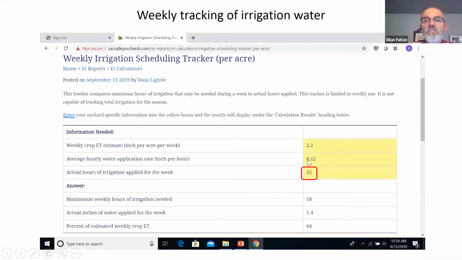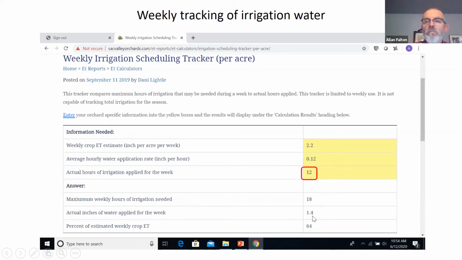So if we just walk through this, here's the 2.2 inches of ET that I had taken from the weekly report at the 80% efficiency. Here's that 0.12 of an inch hourly water application rate. And so far in this situation, only 12 hours of water has been applied. The calculation is that the maximum weekly hours of irrigation needed is 18 hours to put back this 2.2 inches of water.